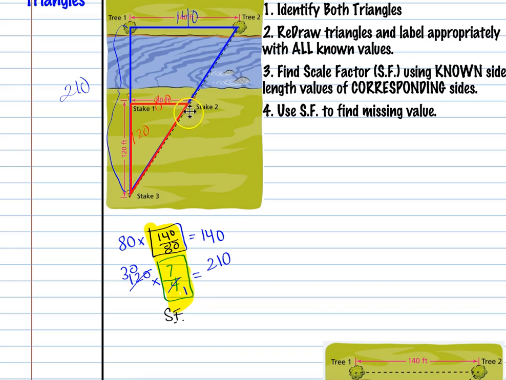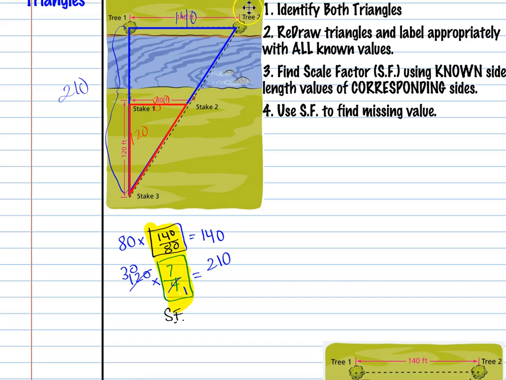Now the question is, how far across is it from this stake 1 to this tree? Well, altogether it's 210, but from this stake 3 to stake 1, I already have that distance, which is 120. So to find out what's left, I'll have 210 minus the red.